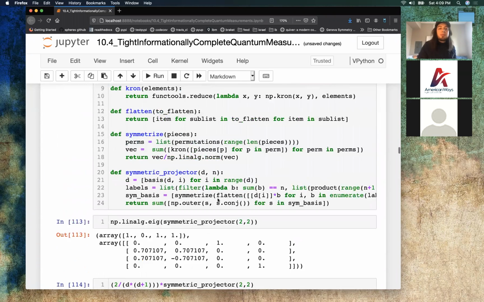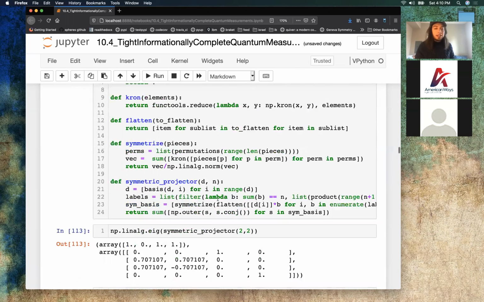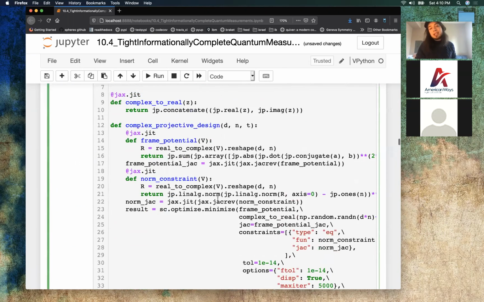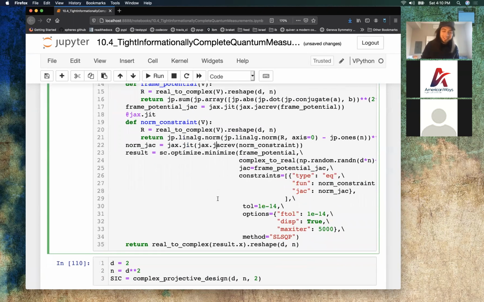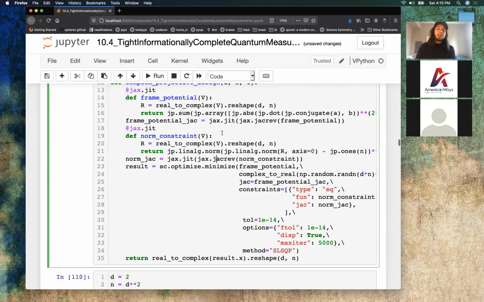Incidentally, if you look in the literature, people have thought long and hard about the question of finding SICs numerically. And what we did here is pretty much the simplest thing you can do. You see it kind of worked-ish, it wasn't exactly that accurate. But there are various tricks you can do, both at the level of this kind of optimization, but also ways of simplifying the problem using knowledge of the structure of SICs and so forth.